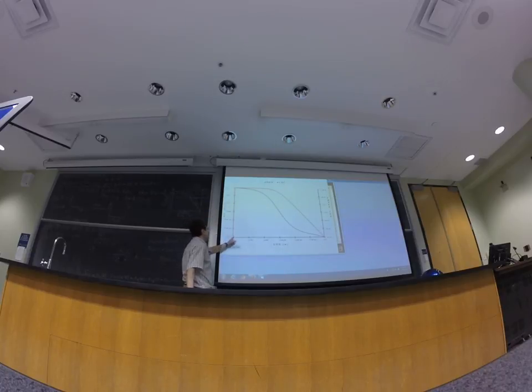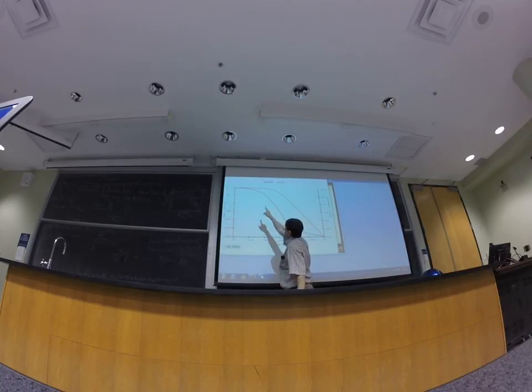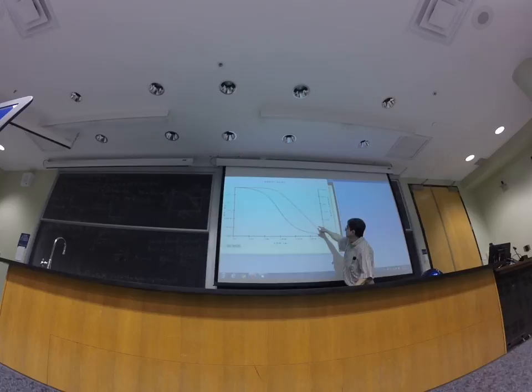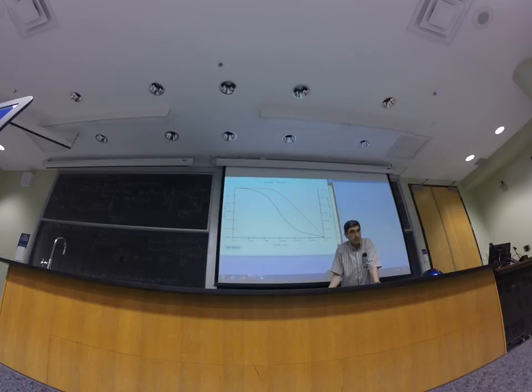Look at the orange line, the left axis is for the orange line, which is log AR. You see the straight line asymptote at 2, at log of K. And here is the straight line with slope minus 1. Where do the two intersect? What's 1 over tau here? 0.1. What's log of 0.1?